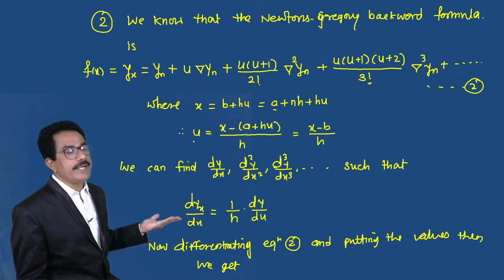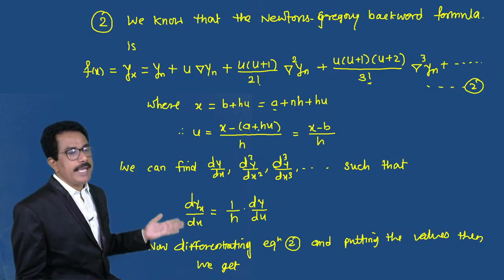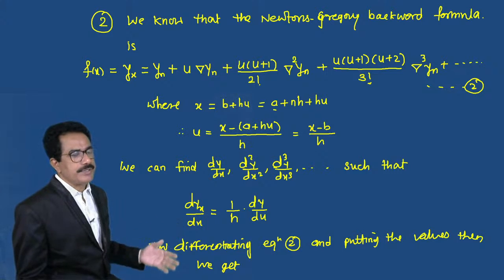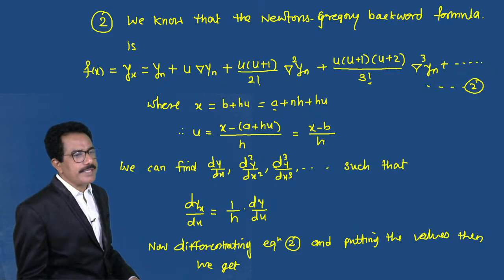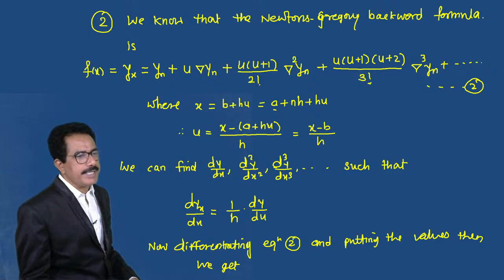So we can find u is equals to x minus a plus hu divided by h, okay, or x minus b divided by h. nh आहे, a minus nh होता इथं nh.